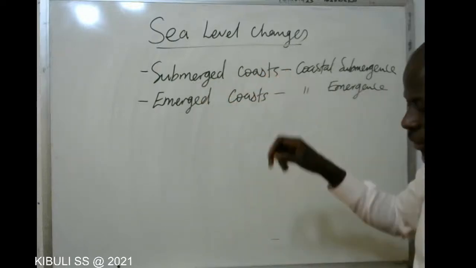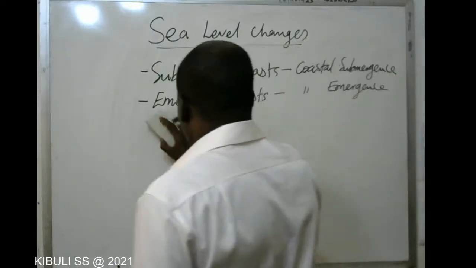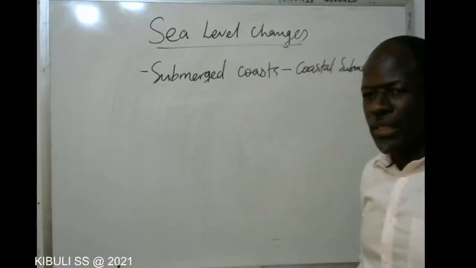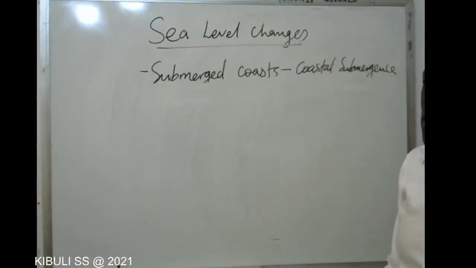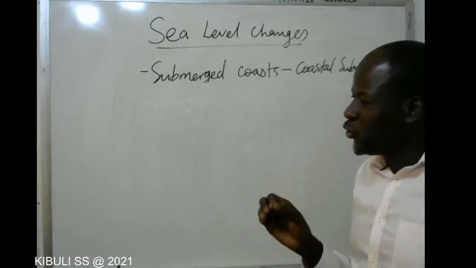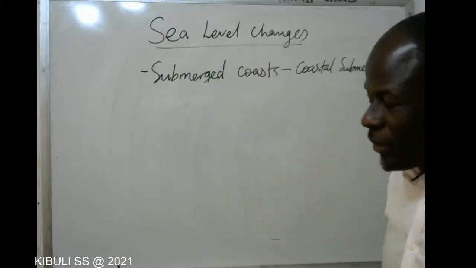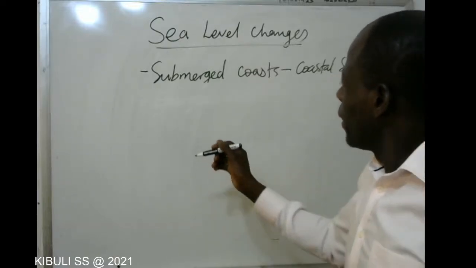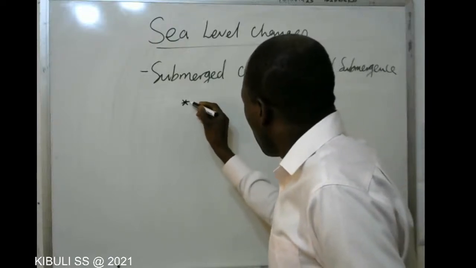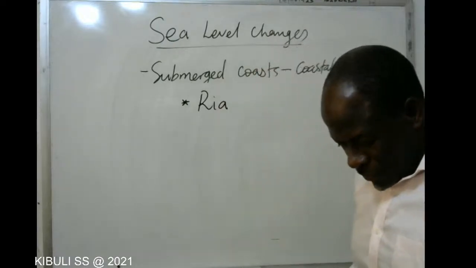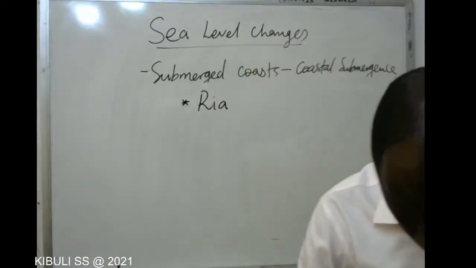When sea level rises and we have coastal submergence, which features do we expect to see? Which features will show us that this area has experienced coastal submergence, a rise in sea level? So here we have features like what we call rias.